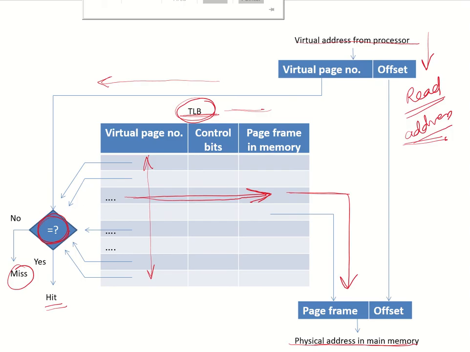Then the physical address was generated and now the main memory is being accessed again for that read operation. So if the TLB is not updated, then multiple accesses would be required for the main memory. So this is how the whole translation of the virtual address to physical address takes place.